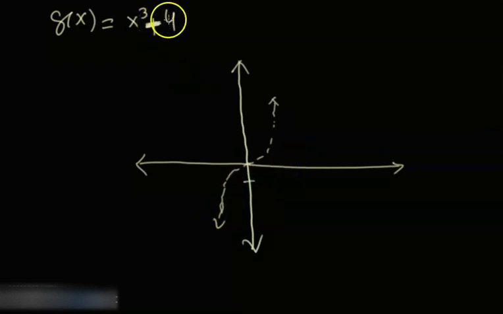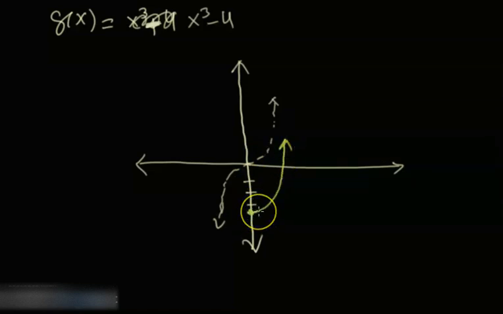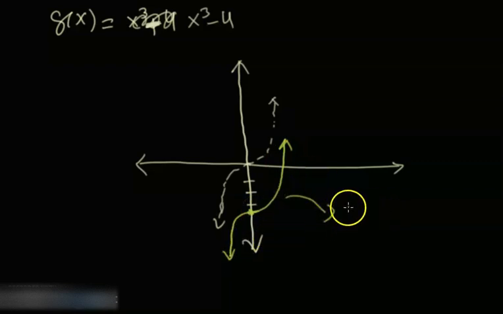Minus 4, this is x cube minus 4. 4 units down: 1, 2, 3, 4. So the cubic function will be moved 4 units down, something like this. Of course, it might look a little bad, but it's the idea, and it's a sketch. We will be moving towards Desmos where it will be clarified more.